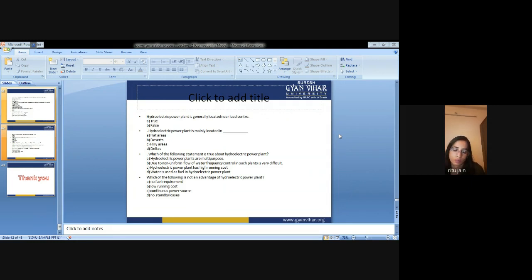We have already discussed that its running cost is very low, but its capital cost is very high, so low running cost is an advantage. No fuel requirement is also an advantage. Continuous power source is not an advantage, because you can't get continuous power from a hydropower plant.